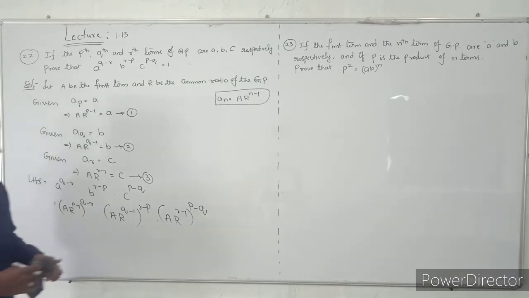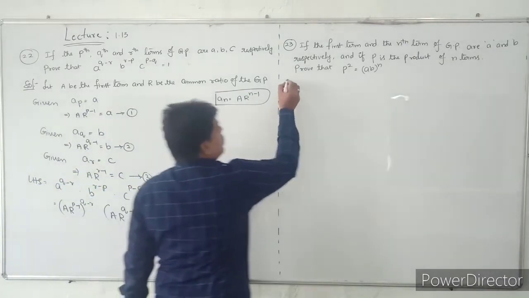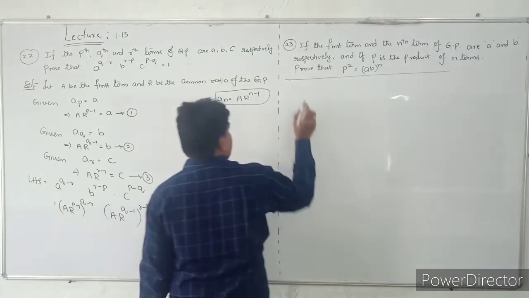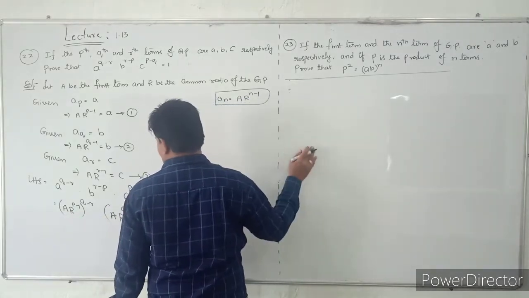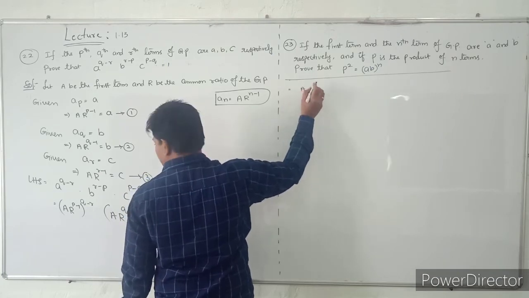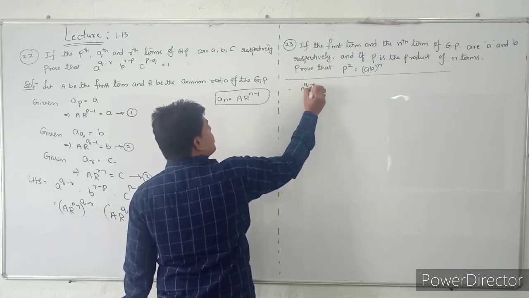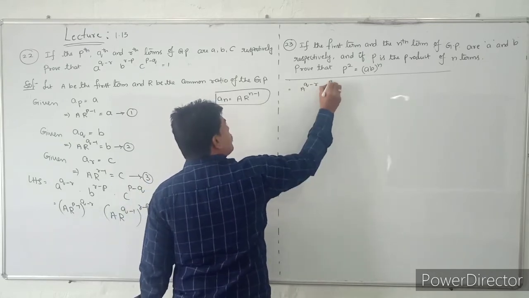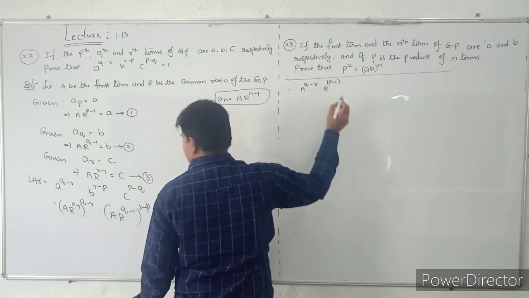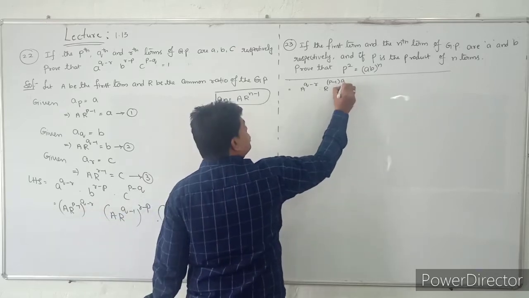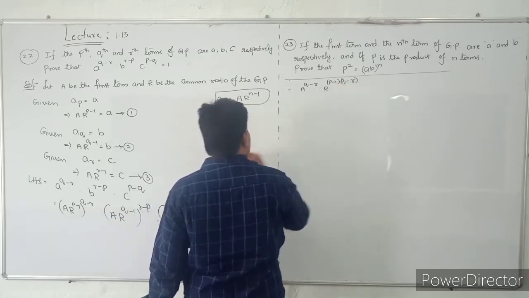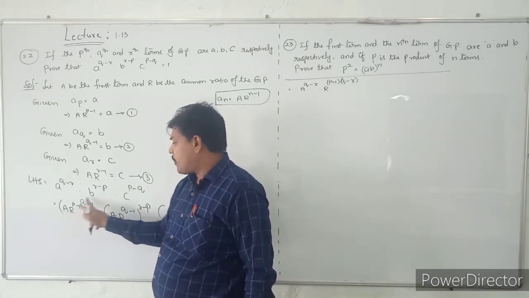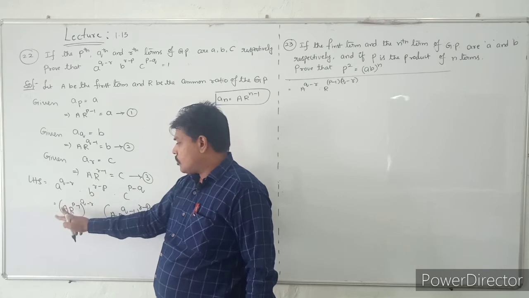Now simplify it. See how to simplify that. A power Q minus R is equal to A power Q minus R into capital R power P minus 1 into Q minus R, because AB whole power n is nothing but A power n into B power n. Yes or no?